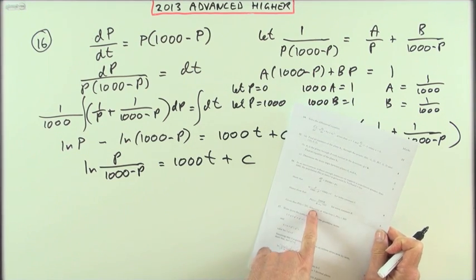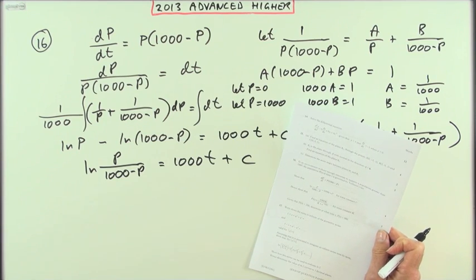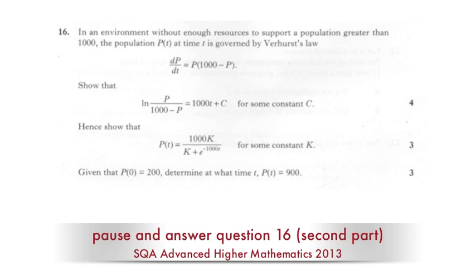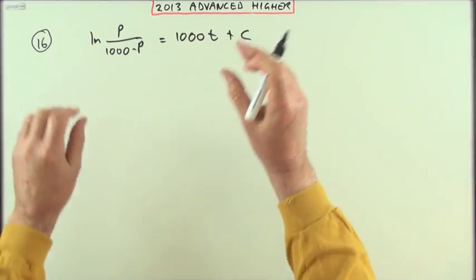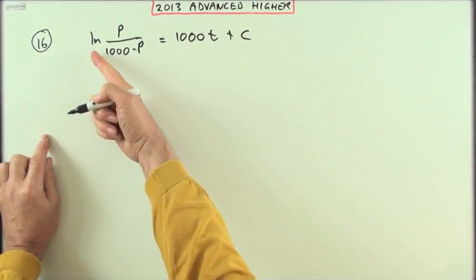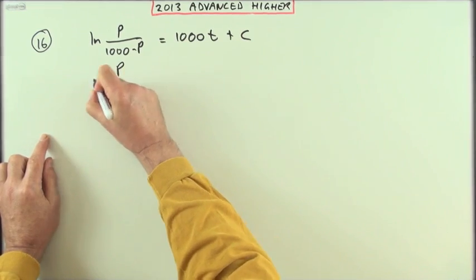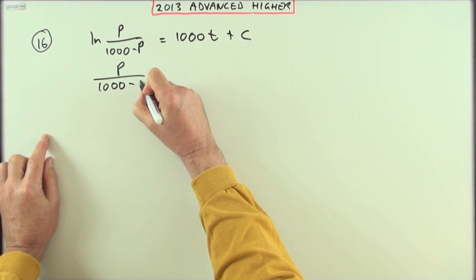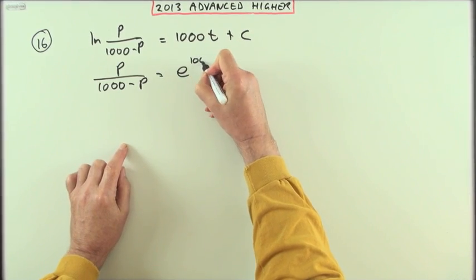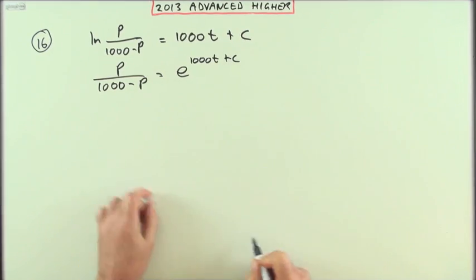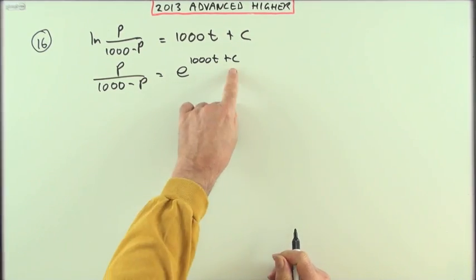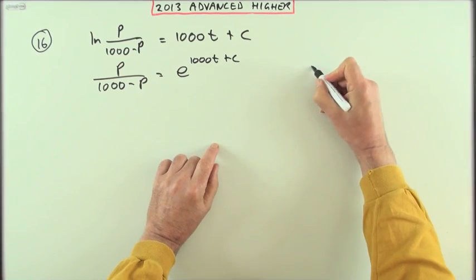Now you just have to tidy this up a bit so it just reads p equals. So here we are, back up here for some space. So first step will be, let's get rid of that log. So p over 1000 minus p will be e to the power 1000t plus c. And of course, those powers can be split into the original 2 factors.